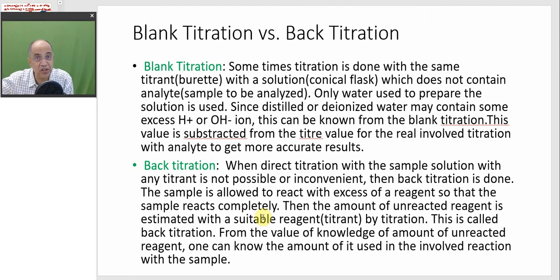So the titration is done second, not with the sample itself, but with the excess reagent that has completely exhausted the sample. That excess reagent is estimated, and from that you find out the amount of the sample. That titration is called the back titration, right?